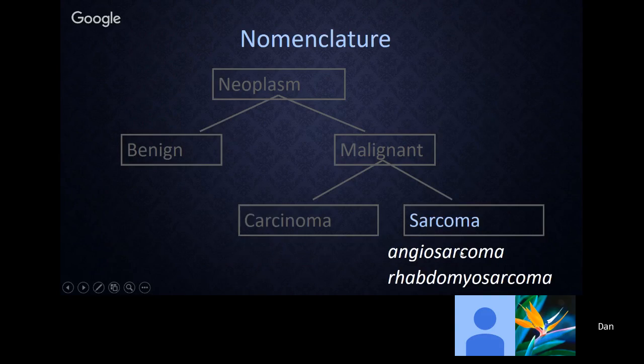And sarcomas, remember, are very common types of tumors. For example, angiosarcoma, blood vessel; rhabdomyosarcoma, which is a skeletal muscle tumor.